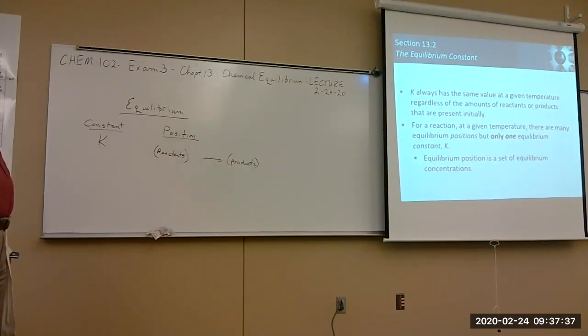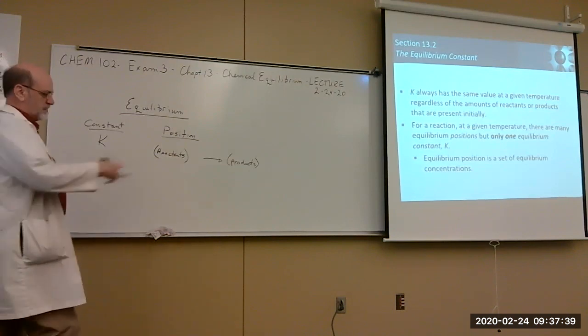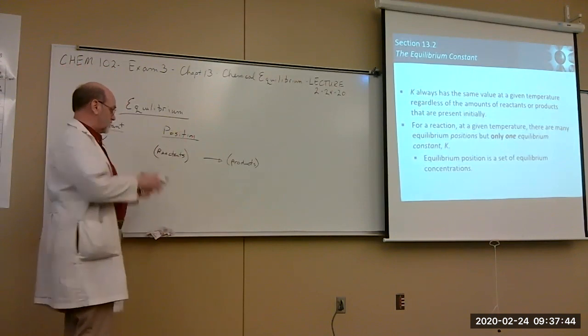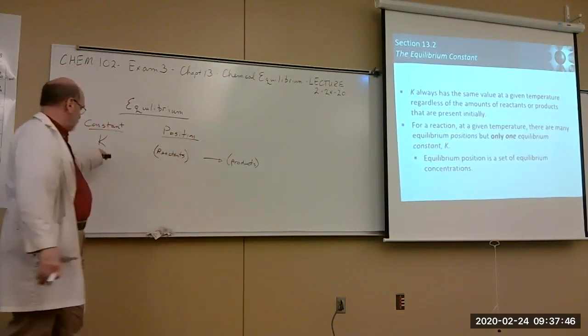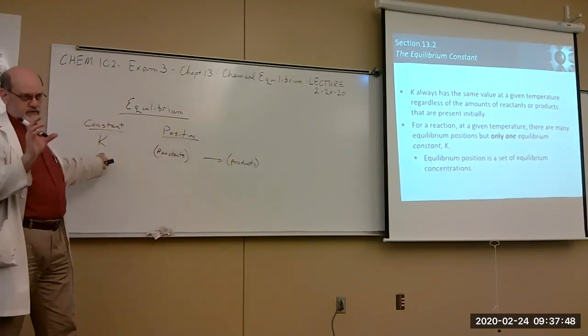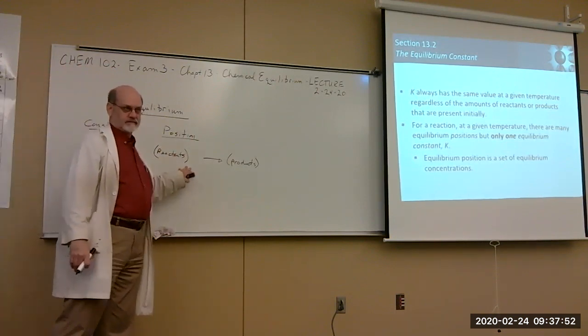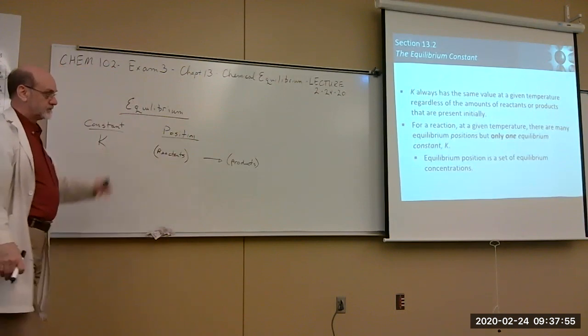We can change the position. All we have to do is take away some reactants or products or add some, and we change the position. But this we do not change as long as the temperature stays constant. So this is constant, that's not constant. But they are related.